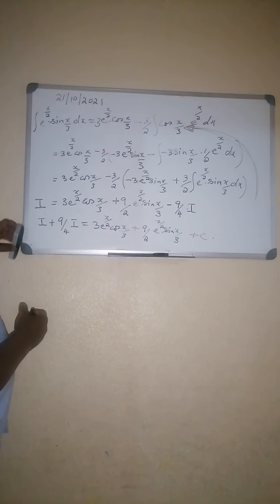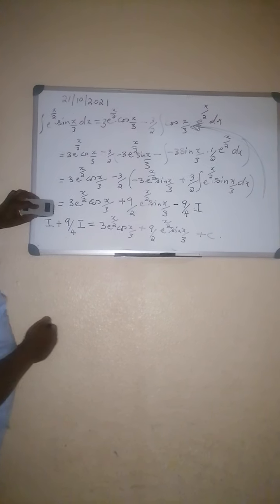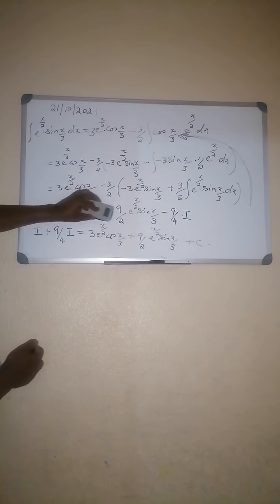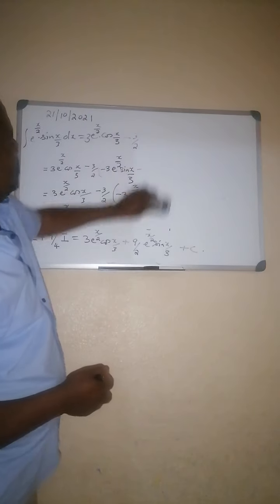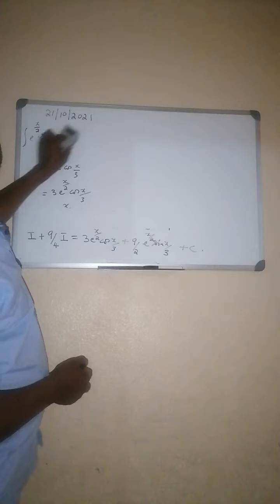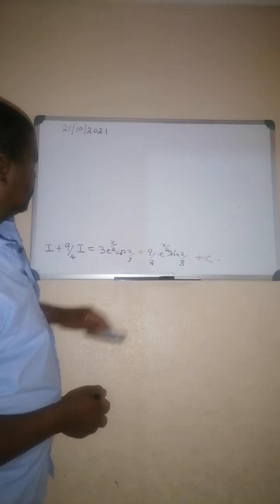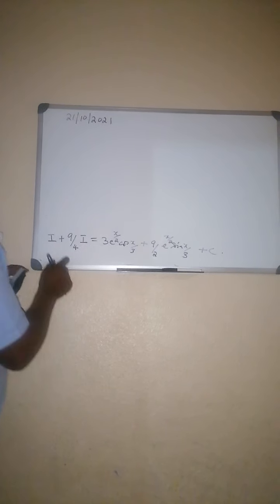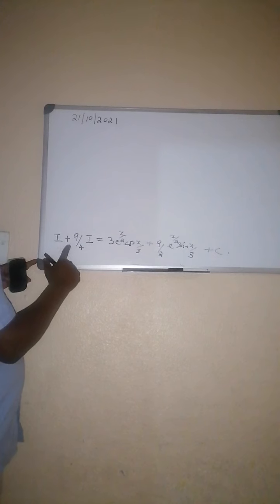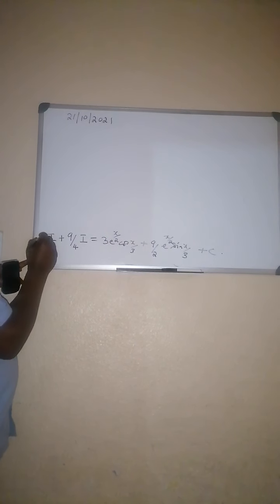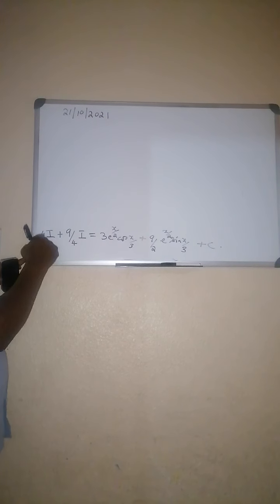Now when you look at this part, let me quickly simplify. Let me take this whole thing off so that we can all see that on this side, because I'm adding 1 I plus 9 over 4 I, I can see this as 4 over 4, because 4 over 4 is 1.